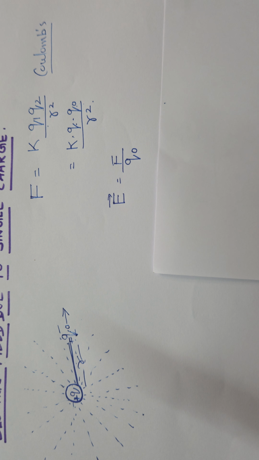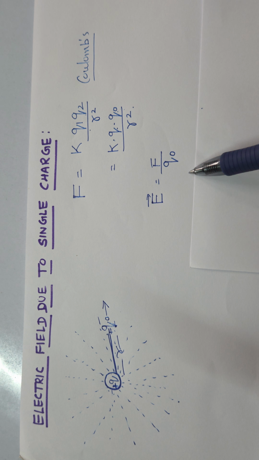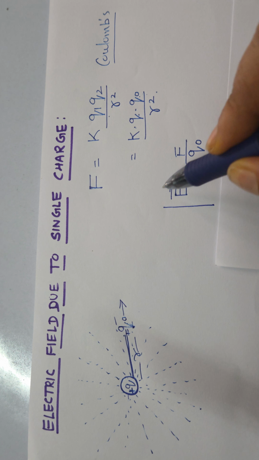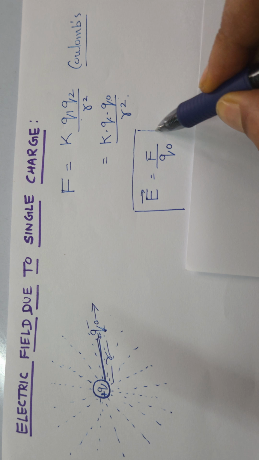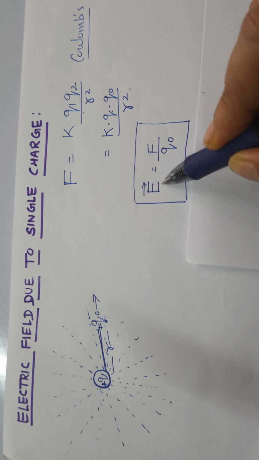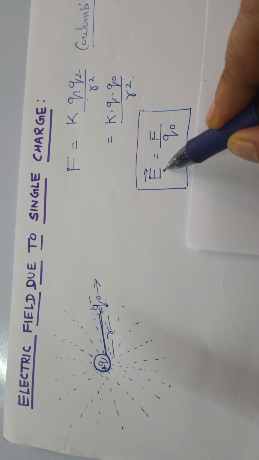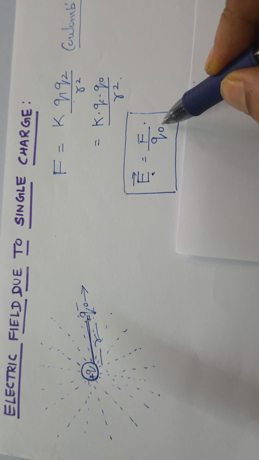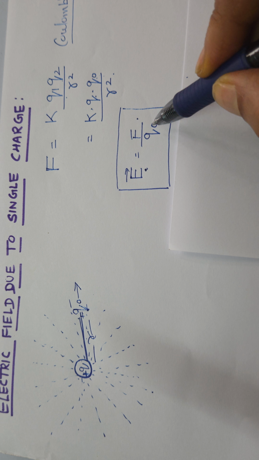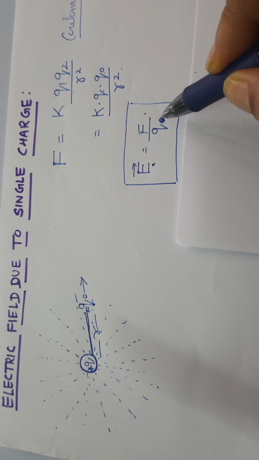Now, from the basic definition, the electric field intensity for any region is known as force per unit charge. The intensity of a field is defined as force per unit charge. And what is this charge? This is not the source charge.